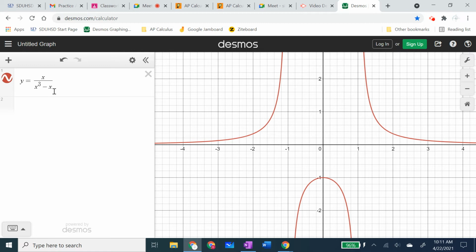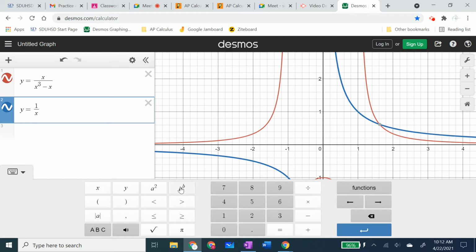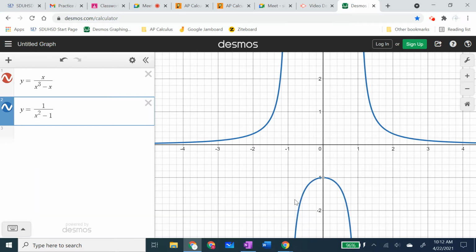Now, this one has an issue that I would not ask you to deal with in your personal graphing. And that is that this actually simplifies, because if I factor an x out of the denominator, this actually simplifies to 1 divided by x squared minus 1. It's the same exact thing.